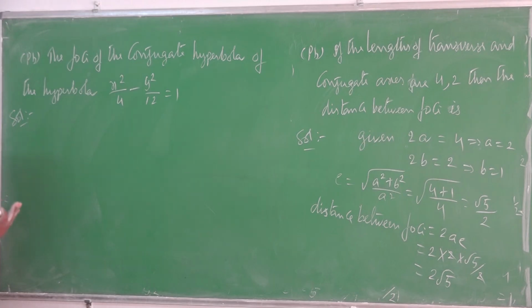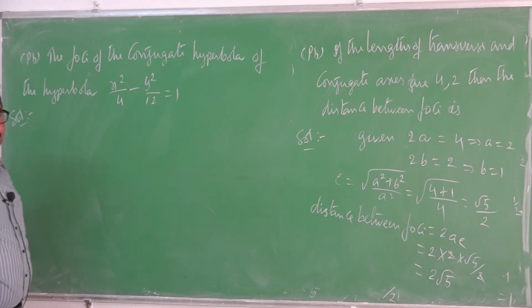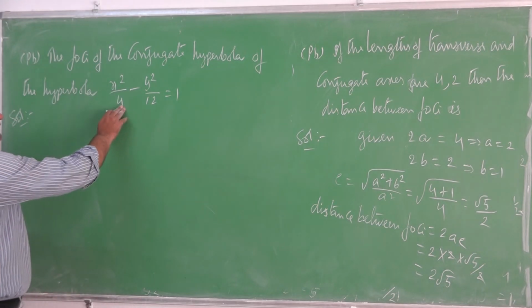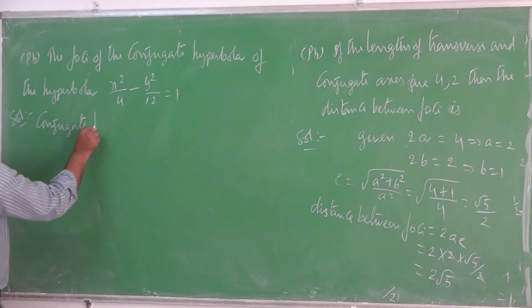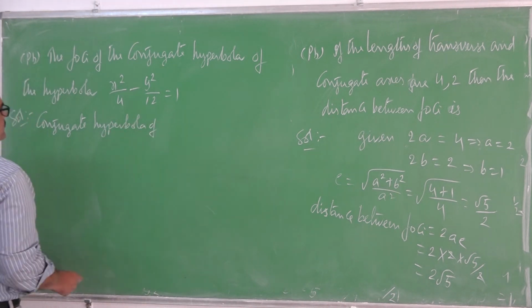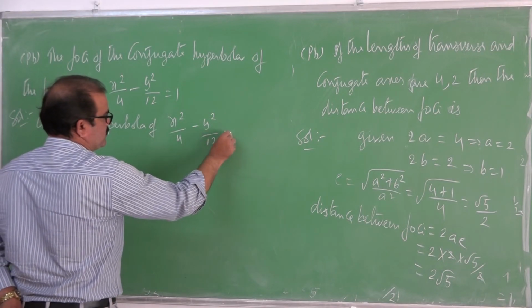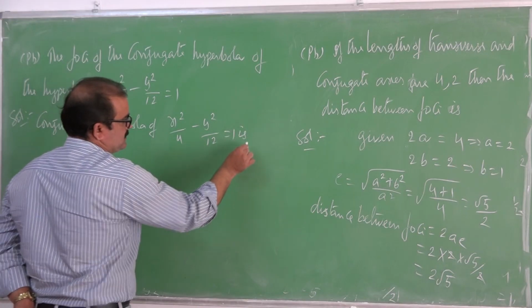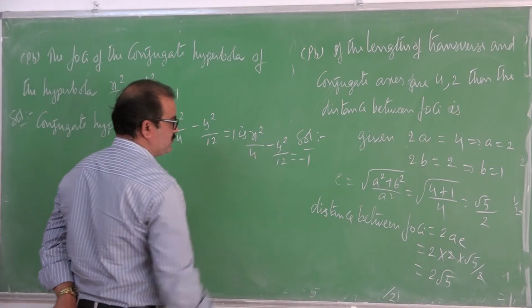What is the conjugate hyperbola of x square by a square minus y square by b square is equal to 1? That is x square by a square minus y square by b square is equal to minus 1. So, conjugate hyperbola of the given hyperbola x square by 4 minus y square by 12 is equal to 1 is x square by 4 minus y square by 12 is equal to minus 1.